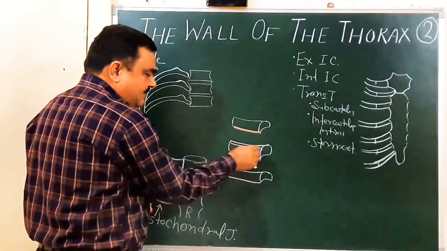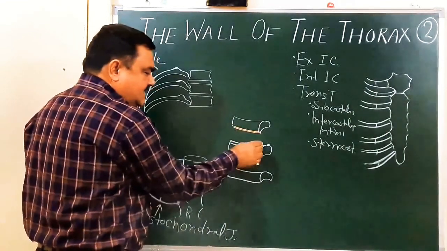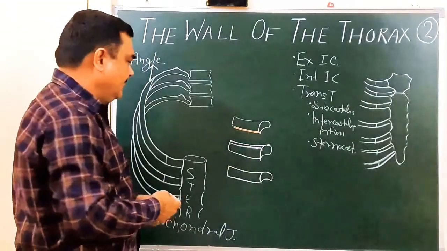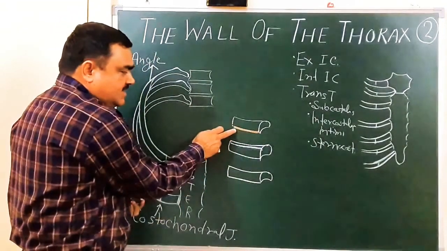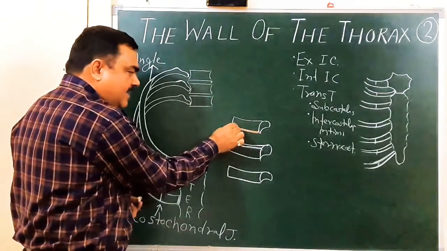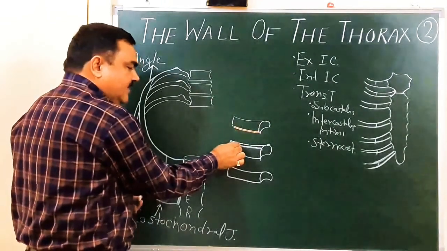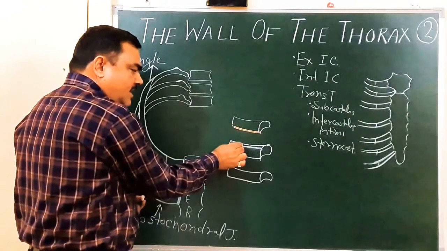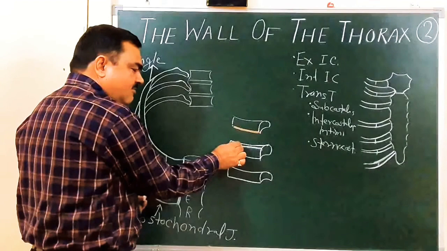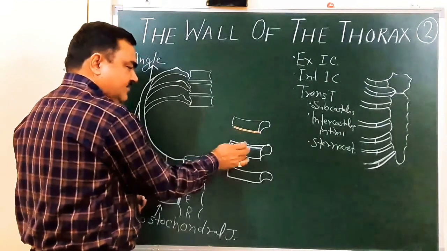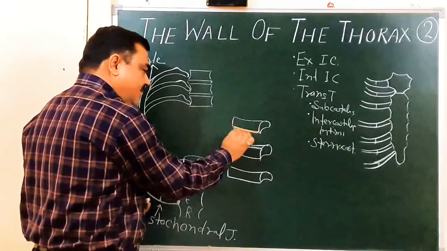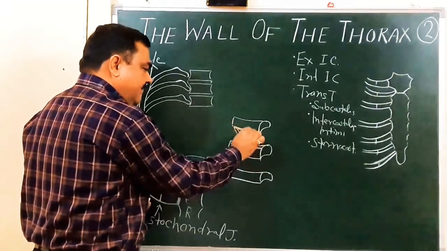This is lateral lip, and this is medial lip. So external intercostal muscle takes origin from lower border of upper rib to outer lip of superior border of lower rib.